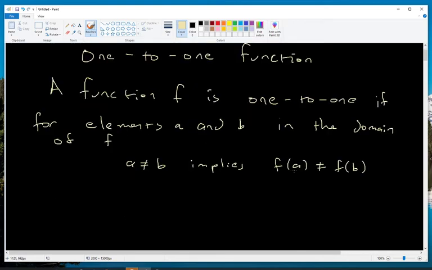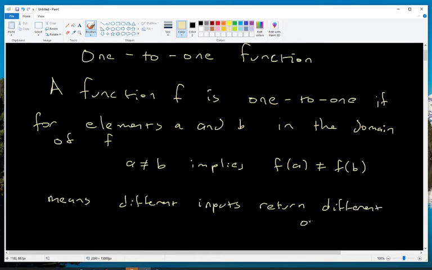So what this means is that different inputs get different outputs. So this means different inputs return different outputs.